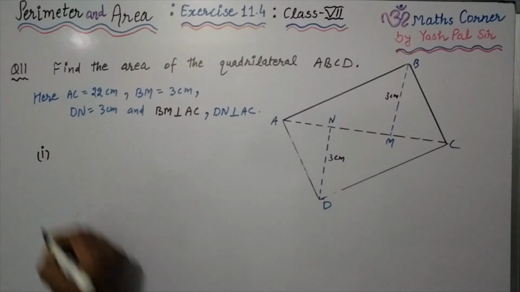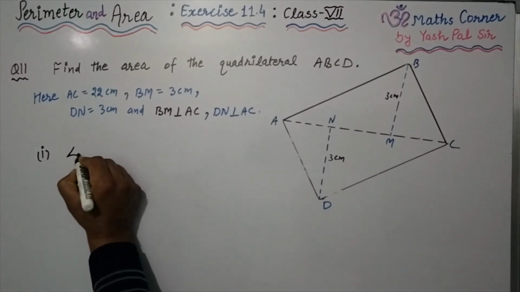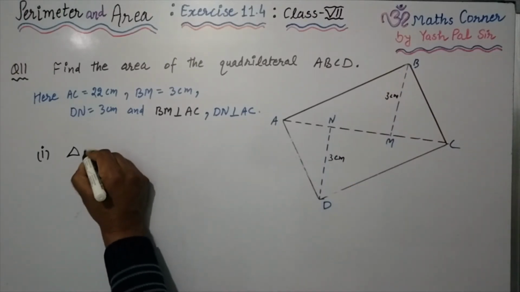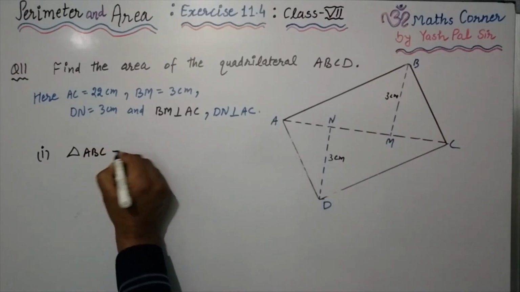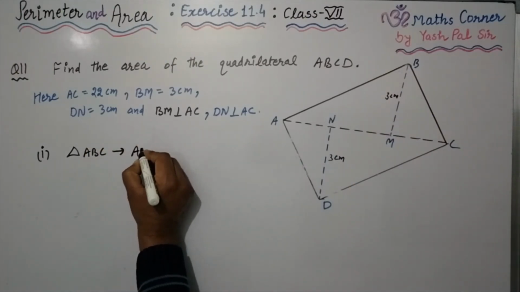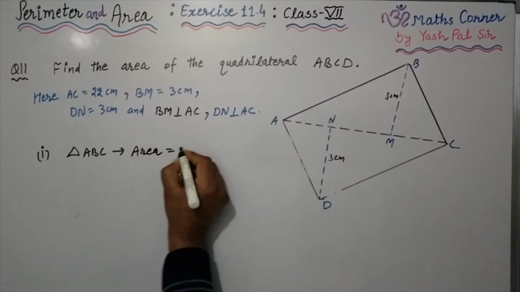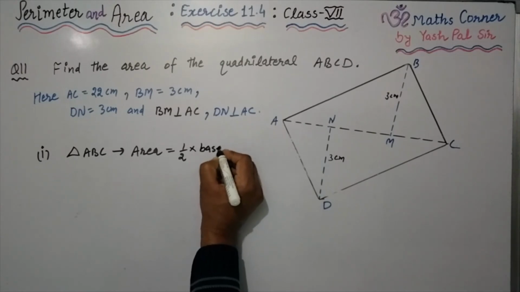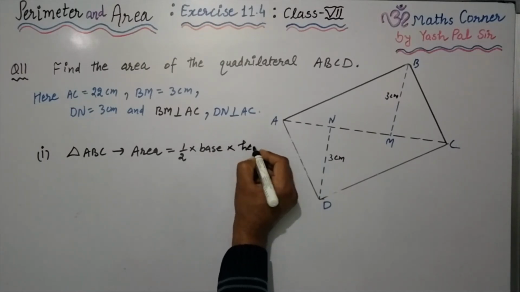So first of all, triangle ABC area is equal to half into base into height.